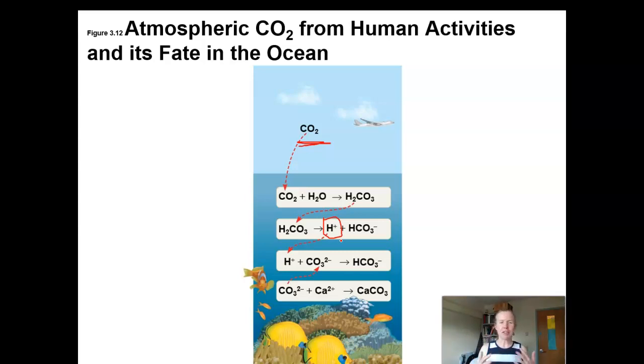The only buffer that we have, I shouldn't say the only, one of the buffers we have in the ocean is this molecule called carbonate, and that can help minimize the pH changes. But the big picture is that when you don't have carbonate to join with calcium, you can't build calcium carbonate, which is what the coral reefs are made out of. So big picture, CO2 in the atmosphere can actually lower the pH of the ocean.